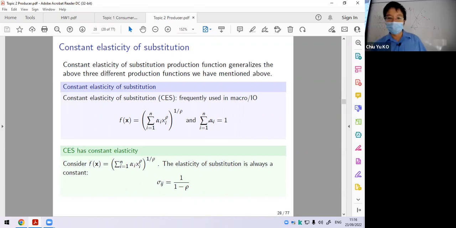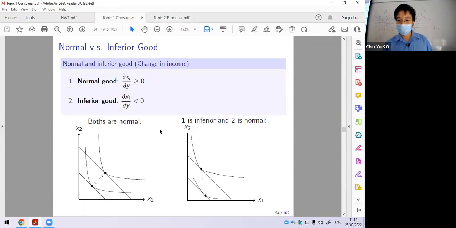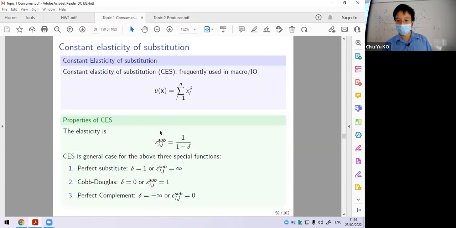If you remember when we talked about the consumer, we also talked about this Cobb-Douglas utility, right? If you are willing to make certain assumptions, you end up with perfect substitutes, Cobb-Douglas and perfect complements. Same idea here. If you're willing to make some assumptions, right? Cobb-Douglas, Leontief preference or linear production would be a special case.